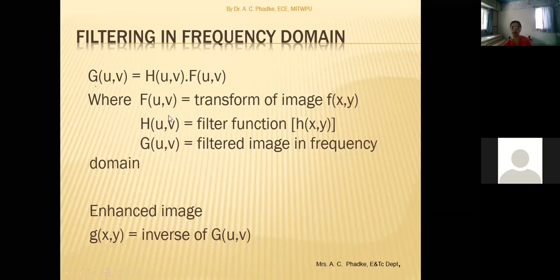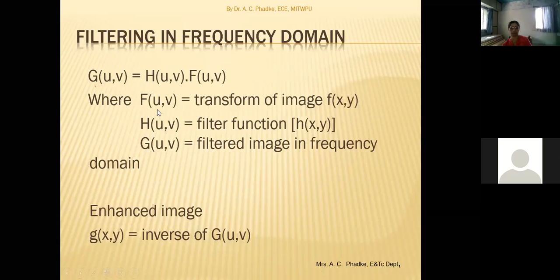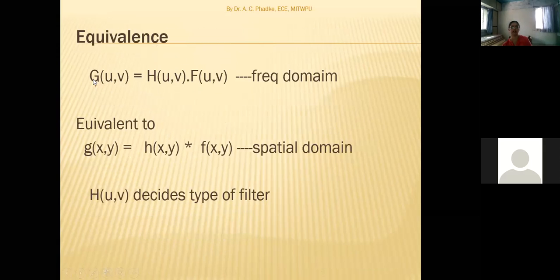For sharpening purposes, we can use high pass filters. So we can achieve filtering simply by this multiplication operation.